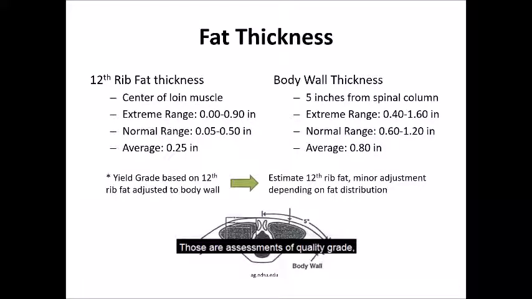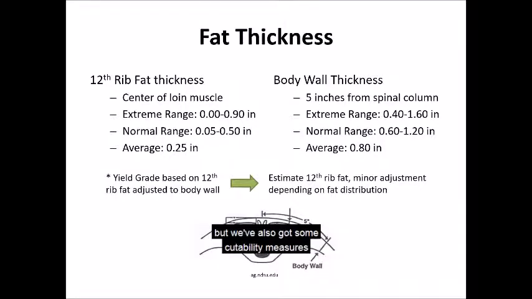Okay, those are assessments of quality grade, but we've also got some cutability measures that factor into yield grade. Lambs are ribbed between the 12th and 13th rib. They have 13 ribs, and that location is the break between the wholesale rack, primal cut, and the wholesale loin.